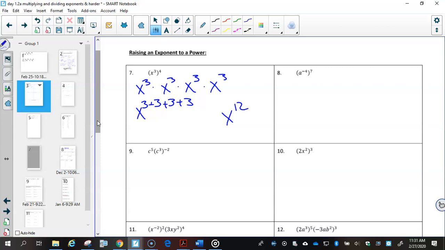If we do a to the negative 4 to the 7th power, that would be a to the negative 4 times a to the negative 4 times a to the negative 4, 7 times. 5, 6, 7. We know that we can add our exponents because they're all the same base.